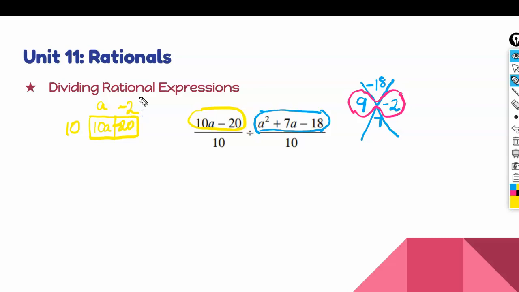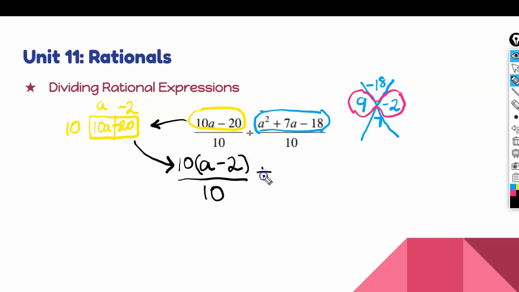So what does this mean? All right, so now I'm getting to the point where I'm rewriting this whole expression that I started with. So I'm going to change out this 10a minus 20 to 10 times (a minus 2). So I took this, I did this, and then I rewrote it like this. So I have 10 times (a minus 2) on top and a 10 on the bottom.